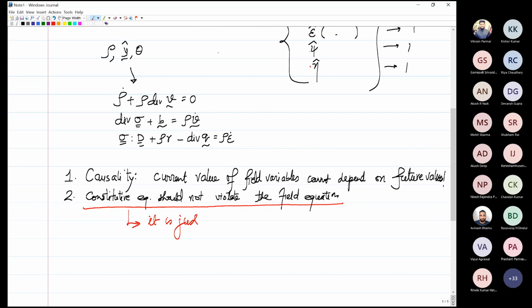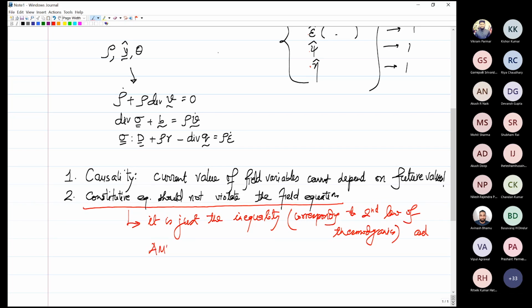It is just the inequality corresponding to the second law of thermodynamics, which places restriction on constitutive equation. Okay, if you have any query, please feel free to interrupt me.